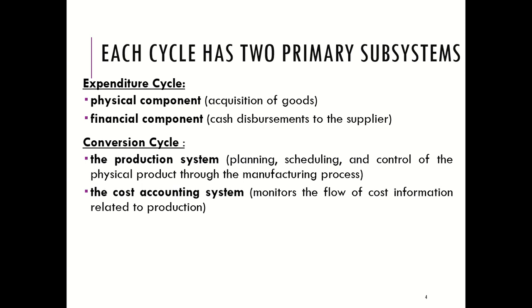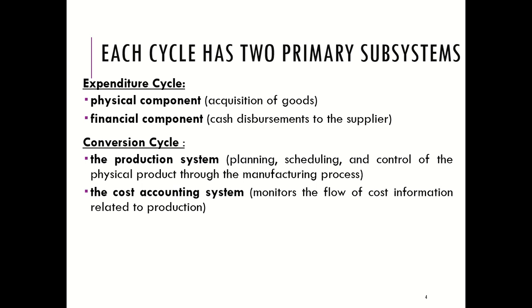In the production system, it includes yung planning, scheduling, control of physical product through the manufacturing processes. Another subsystem under the conversion cycle is yung cost accounting naman, which monitors the flow of the cost information related to production.